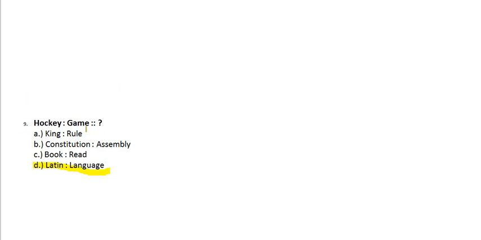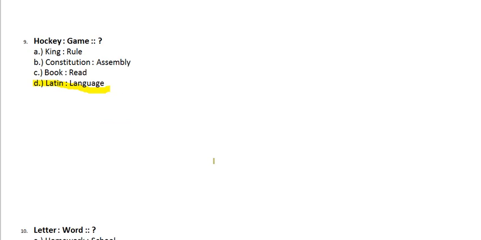King is not related to rule, neither is constitution related to assembly. It also does not mean that book is related to read, because we read a book, it is not related to reading. But here Latin is related to language. It signifies that it is a language.